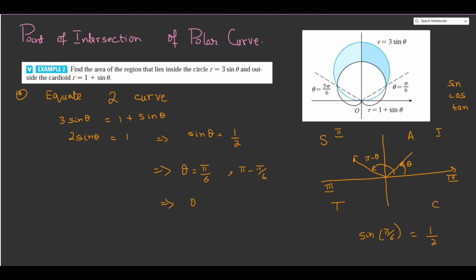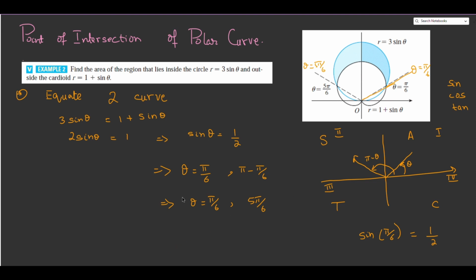From here theta equals pi by 6 and 5 pi by 6. So these are the two intersection lines, theta equals pi by 6 and theta equals 5 pi by 6. That's how you can find the points of intersection of two polar curves.